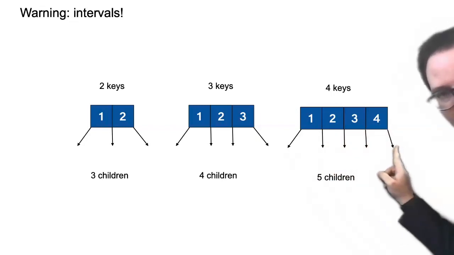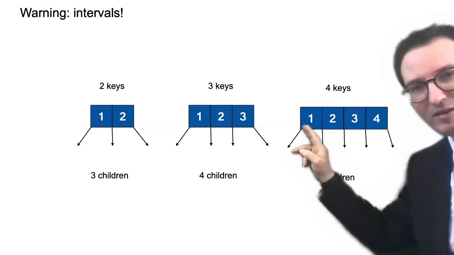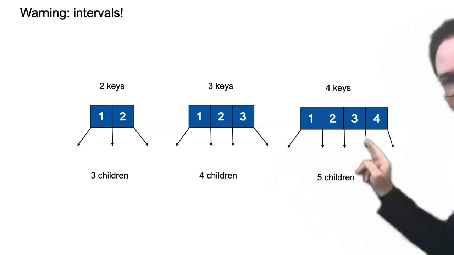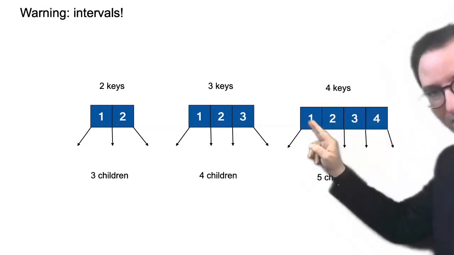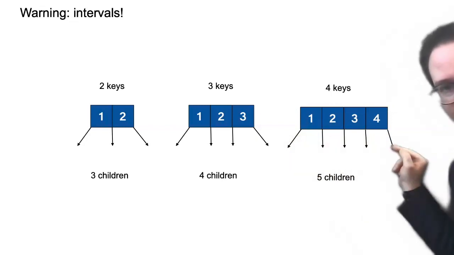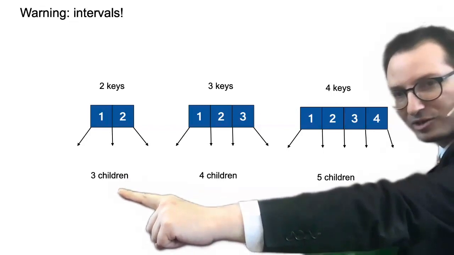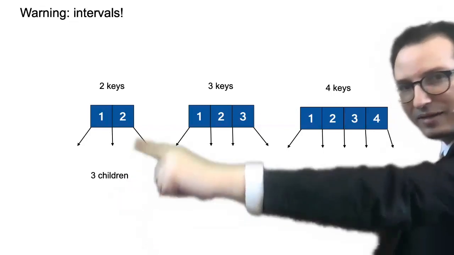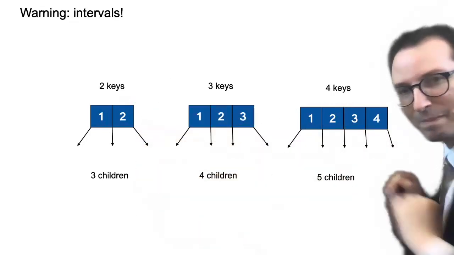And everything larger than 4. So it means that if I have 1, 2, 3, 4, 5 children, the number of keys I'm going to have is 1 less. I'm going to have only 4 keys for 5 children. So now, if I have between 3 children and 5 children, it means that I have between 2 and 4 keys on my nodes. This is what it means, right?